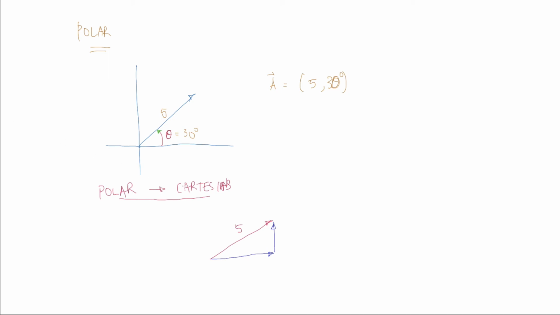So if I can find out how many steps I'm going to the right and how many steps up, then I will be able to write, let's call this a sub x and a sub y, my vector in the form of Cartesian coordinates as a sub x x hat plus a sub y y hat, where a sub x is the number that represents how long this vector is right here in the x direction, and a sub y is the number that represents the so-called y component of the vector.